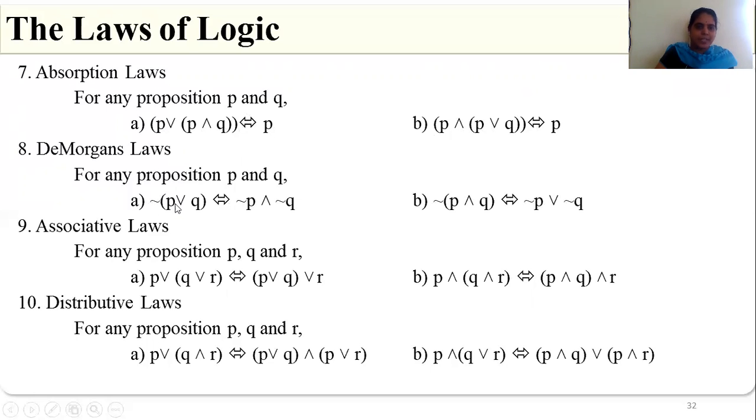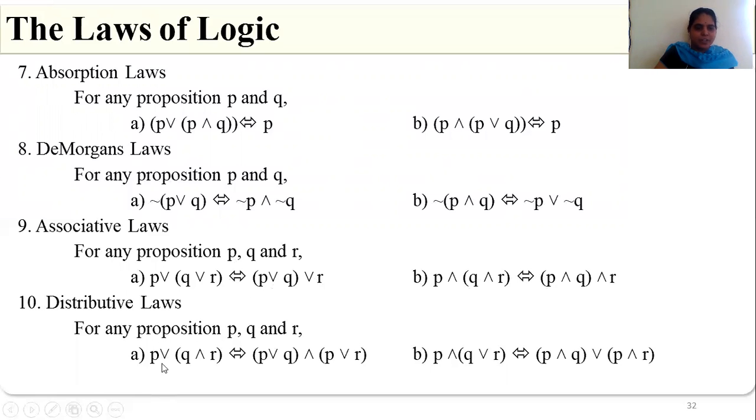De Morgan's law: negation of (P or Q) is negation of P and negation of Q. In the case of conjunction, negation of (P and Q) is negation of P or negation of Q. Associative law: according to this, P, Q and R are propositions, and P or (Q or R) is logically equivalent to (P or Q) or R. Similarly, for and also you can do the same thing.